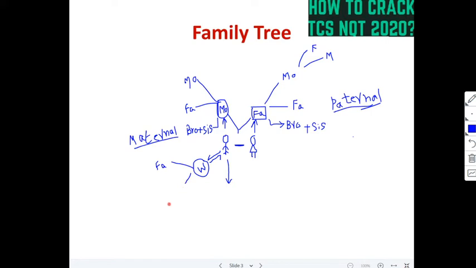According to him, wife's father can be called father-in-law. So whichever relationship comes via wife, we add in-law. Mother-in-law. Suppose this wife has a brother, then he is brother-in-law. This wife has a sister, then sister-in-law. Okay, is that clear? Okay, fine.